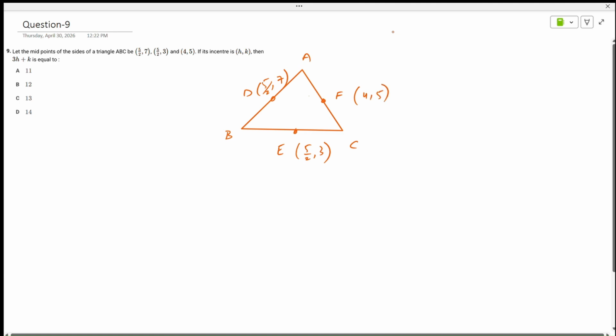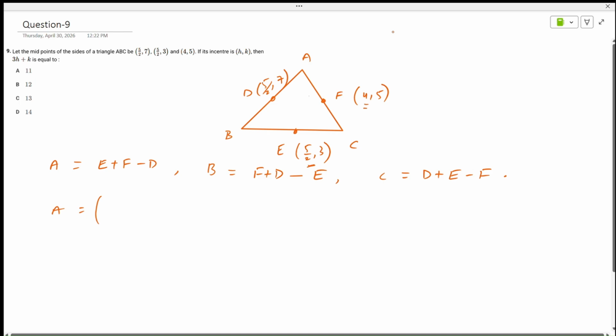Now there is a formula to get A, B, and C. How to get A? A is equal to E plus F minus D, and for B, what we'll do is F plus D minus E, and C is equal to D plus E minus F. So A is equal to E plus F minus D. So E is 5 by 2 and F is 4.